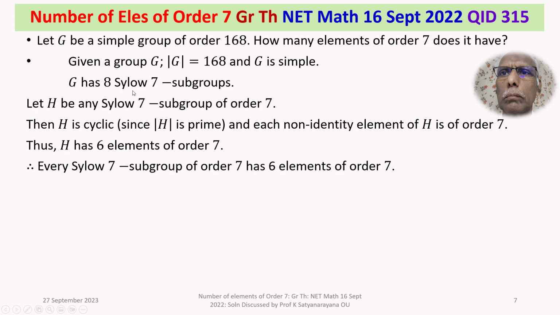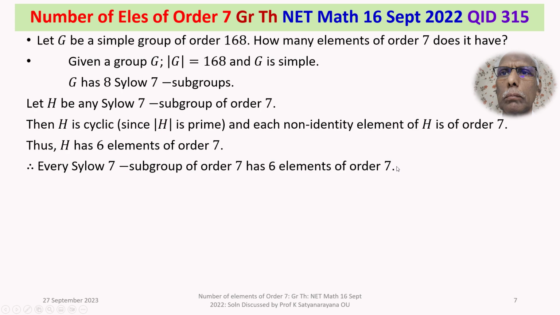And how many such Sylow 7 subgroups are there? 8. So therefore the total number of elements of order 7 in G will be 8 Sylow subgroups, in each one, 6 elements are there. 8 into 6, 48. That's the answer.